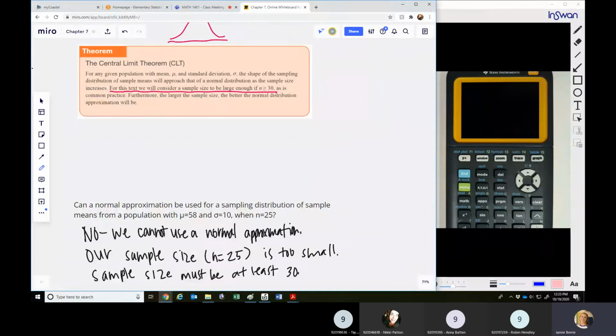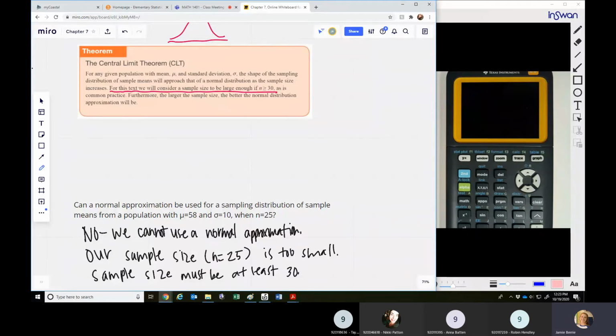All right, so I told you what the central limit theorem is. It says that if you have any population, let's say you might start off with a discrete random variable, maybe a binomial random variable or Poisson random variable, it doesn't matter what type of population you're dealing with.